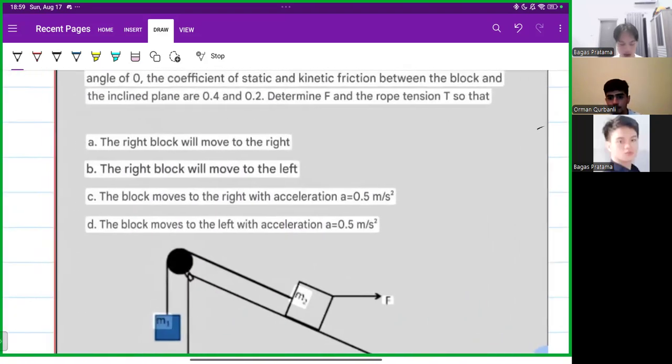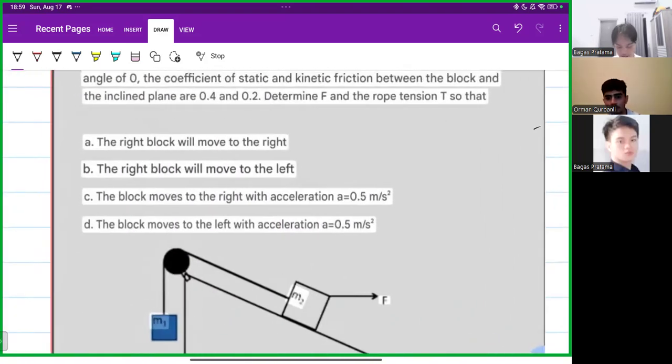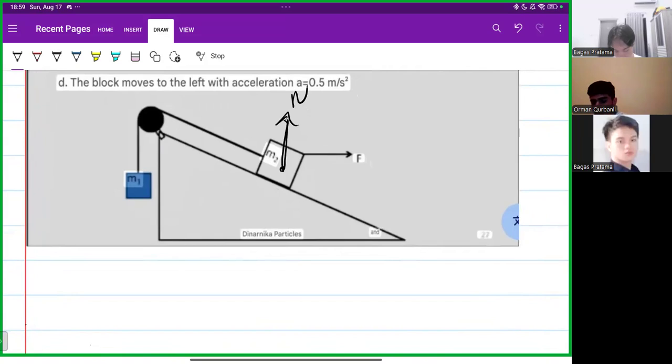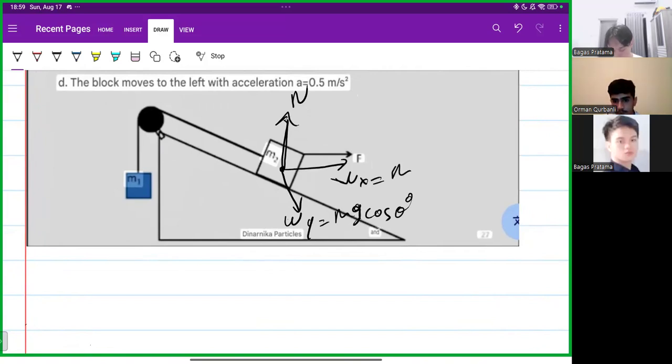So we have to analyze what we have in this object. It will start with the normal force going up, and then the Wy, which is mg cos theta, and Wx is mg sin theta.